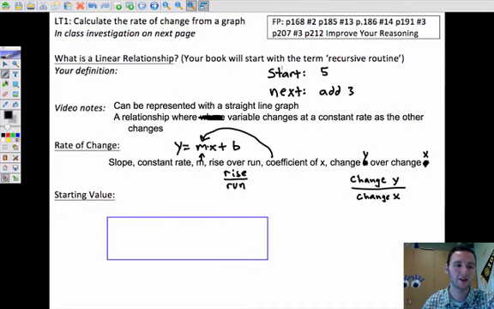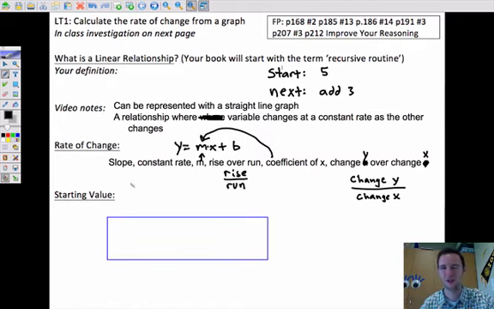If we think about rate of change in terms of a real-world problem, I'll think of an example. Actually, this is true from when I was a kid. My parents used to pay me to pick up sticks, which is kind of weird thinking about it, but they would give me like $2, and then they would give me a nickel for every stick that I picked up.